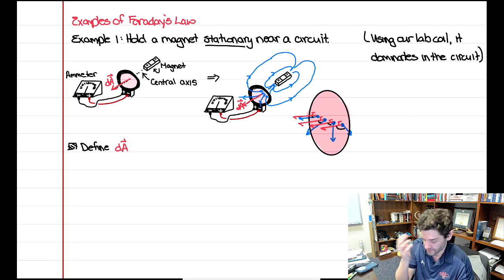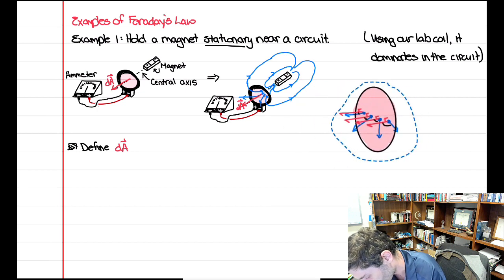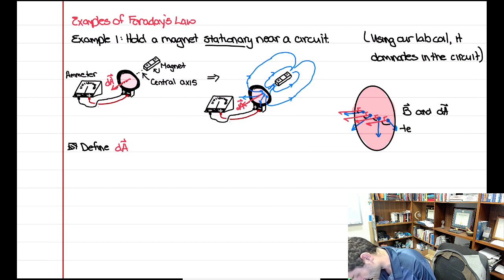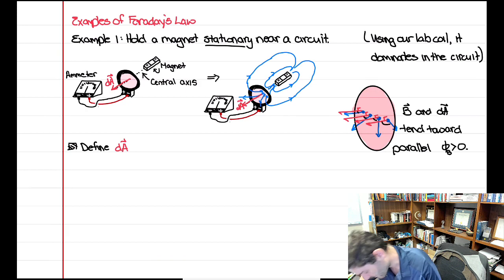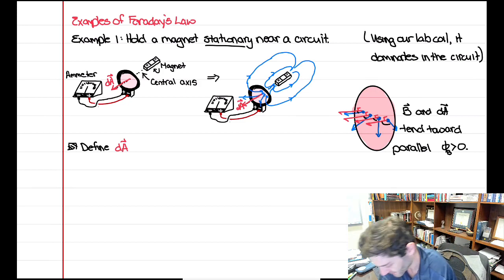There, you need the language of calculus to do the integrals, but overall, since these two vectors are closer to being parallel than they are to being anti-parallel, so essentially B and dA tend towards parallel, I expect the flux to be a positive number. Of course, it's not the actual magnitude that matters, it's how it changes that matters.